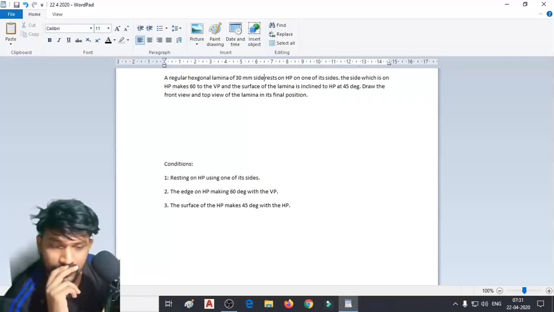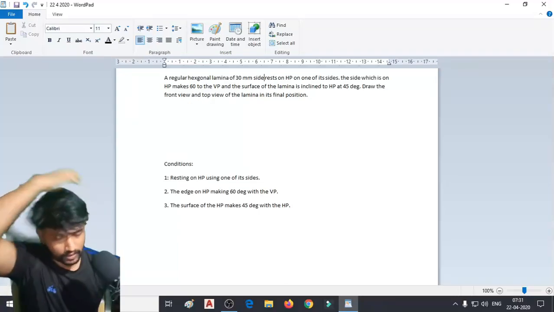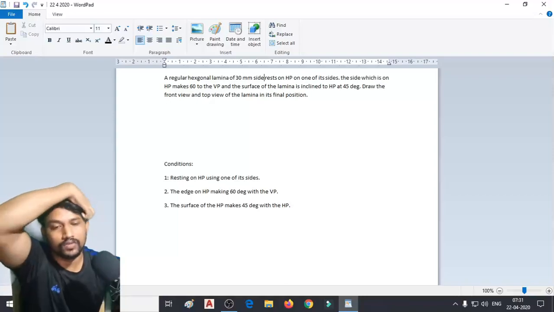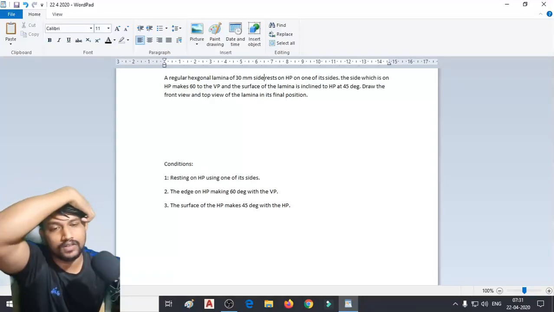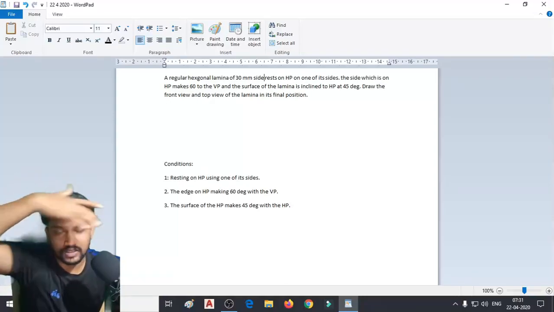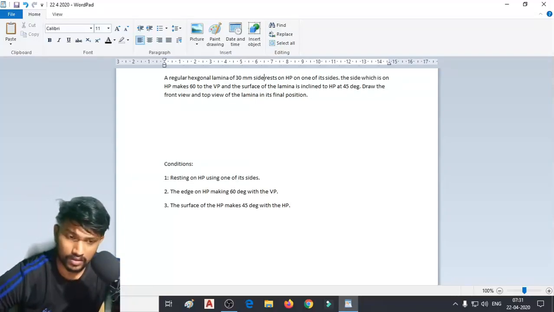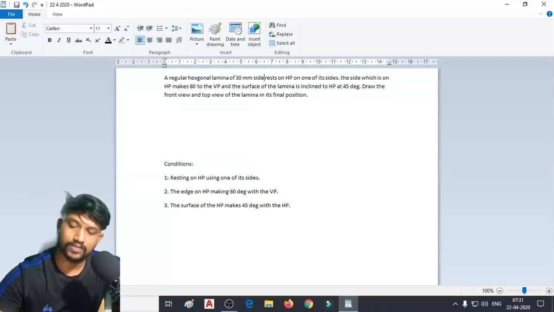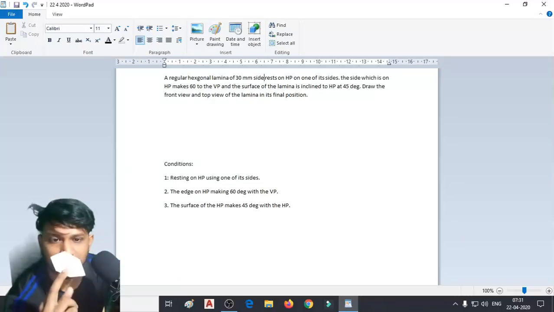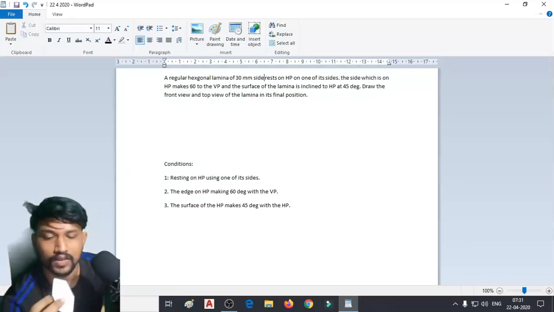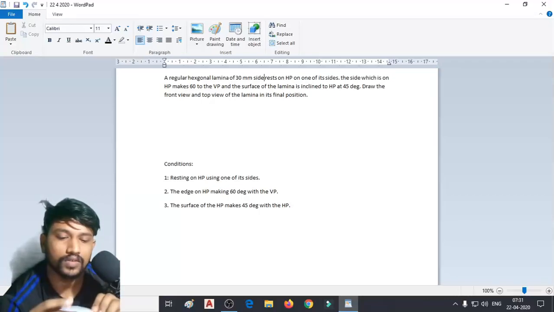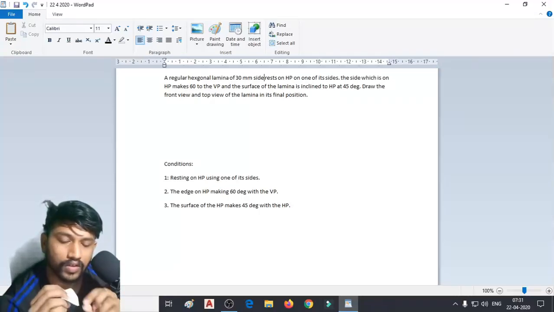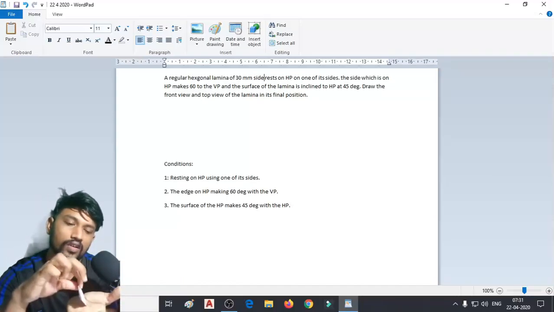So from the given problem I have sorted 3 different conditions. First, we have to remember that this particular lamina is resting on the horizontal plane using one of its sides, which means it has six different sides, right? So one of the sides of this hexagon is resting on the horizontal plane.